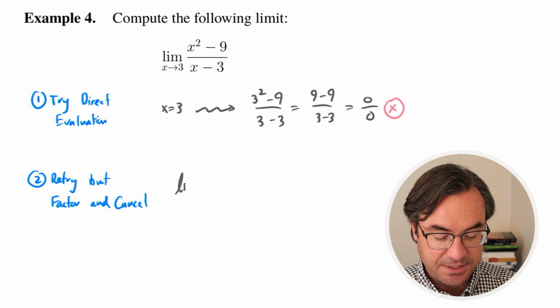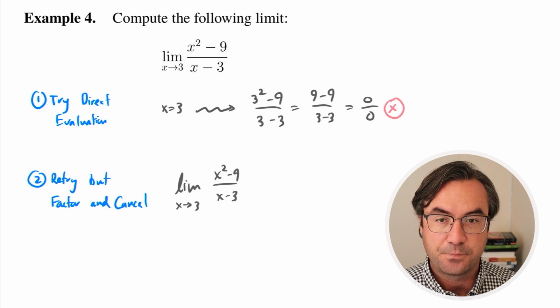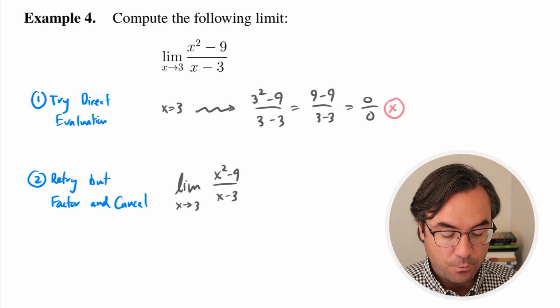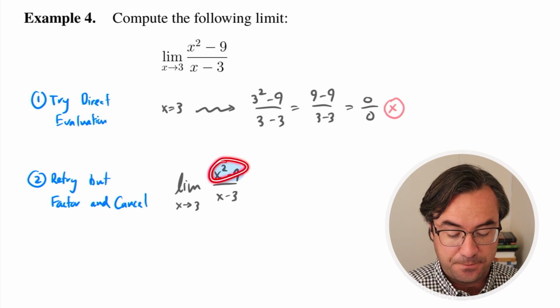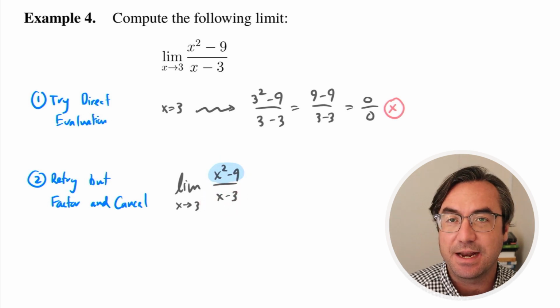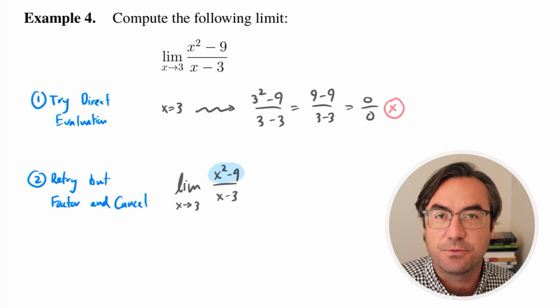All right, so let's try this again. We've got our limit here that we're trying to do. And we want to factor this numerator. Well, you want to factor both. Sometimes the denominator's kind of complicated and we've got to factor down there. But in this case, that's about as simplified as we could factor that.